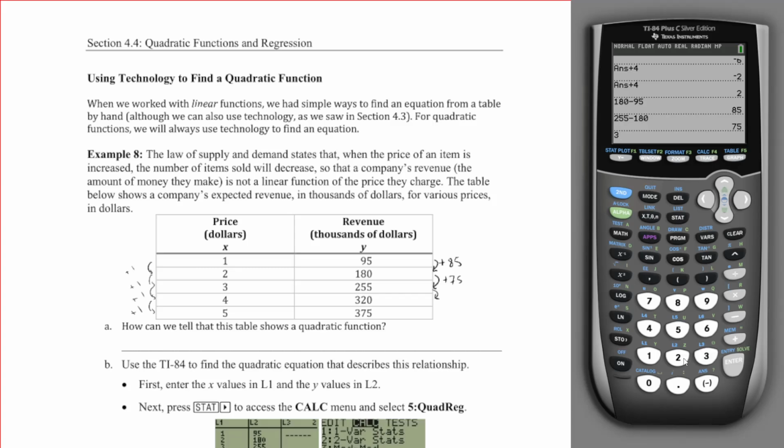320 minus 255. Okay, now we're adding 65. 375 minus 320. Okay, now we're adding 55.